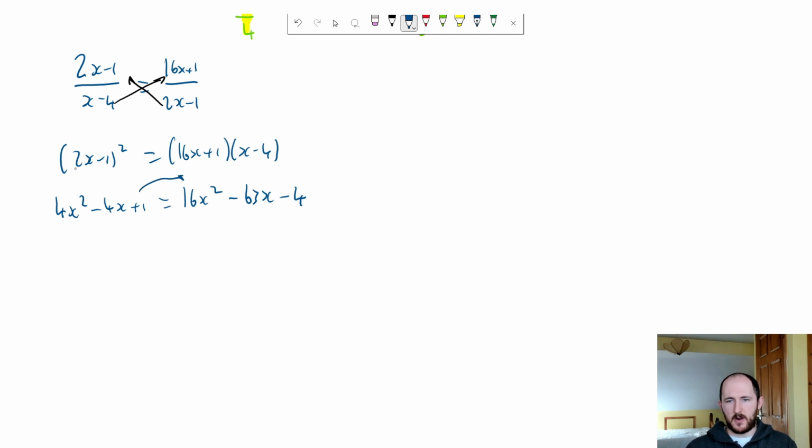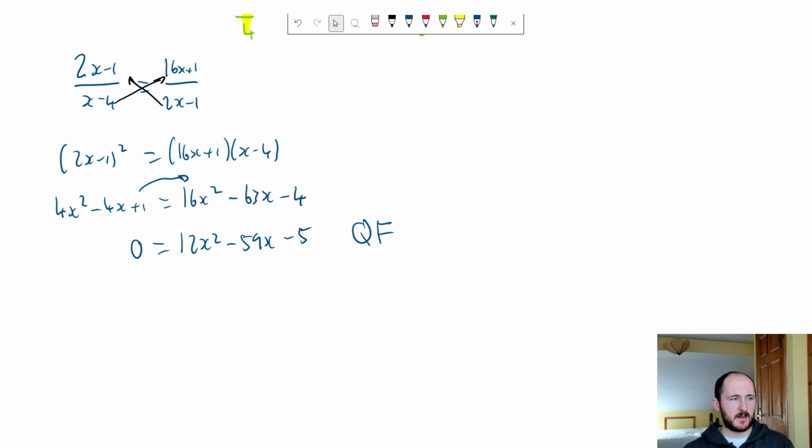Let's move everything over to the right hand side. So we get 0 equals 16x squared minus 4x squared, so that's 12x squared. Minus 63x plus 4x is minus 59x. Then minus 4 minus 1 gives me minus 5. Can we simplify this? Not that I'm aware of. So what we're going to do is use the quadratic formula to solve this.